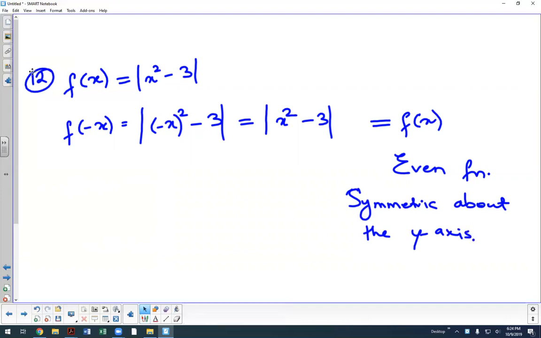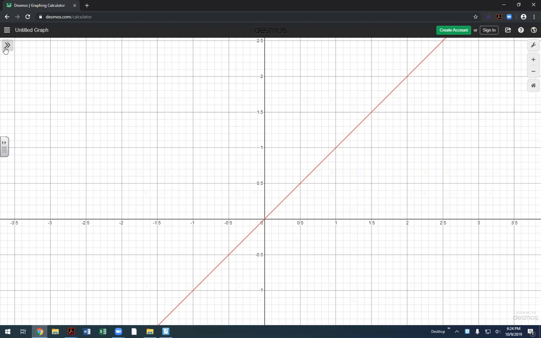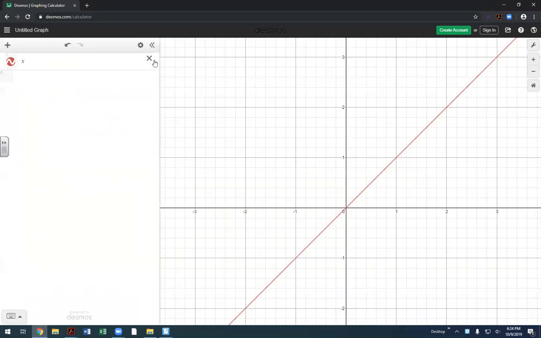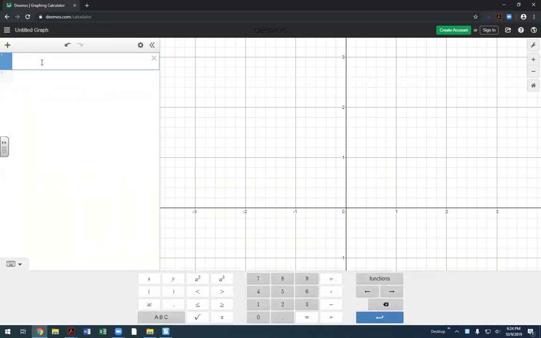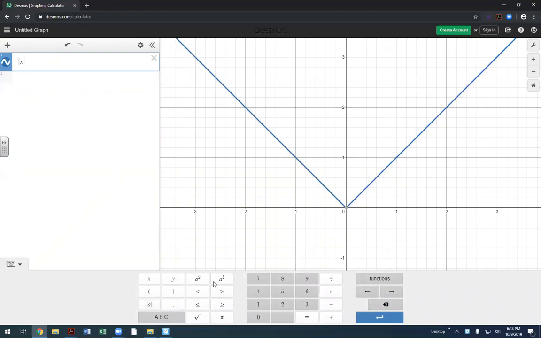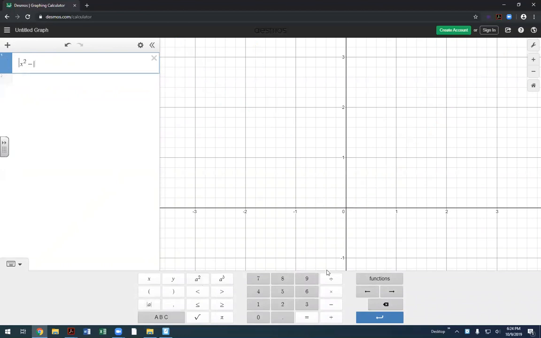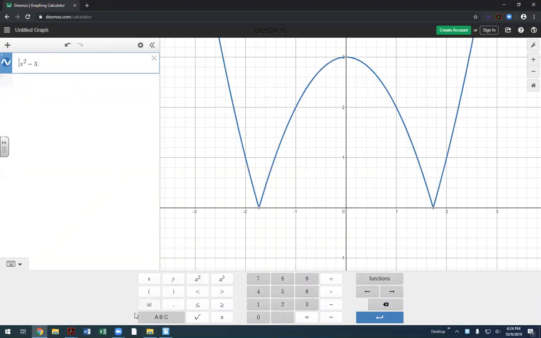About the y-axis, and just to show you the graph for this really quickly. Of course, we know it's an absolute value function, which means we should have at least part of that V shape, if not all of it. So we're doing absolute value of x squared minus 3.